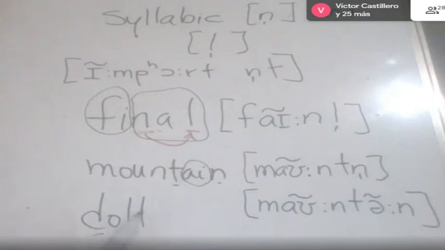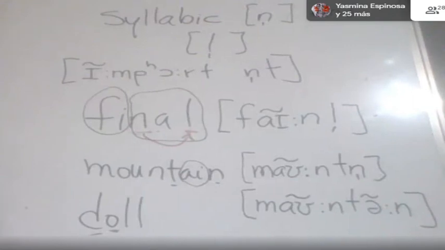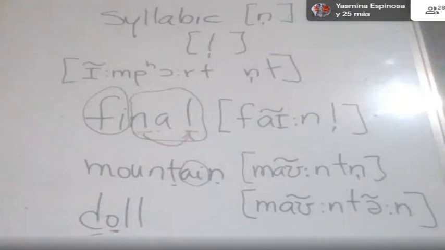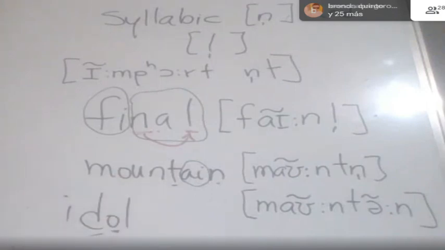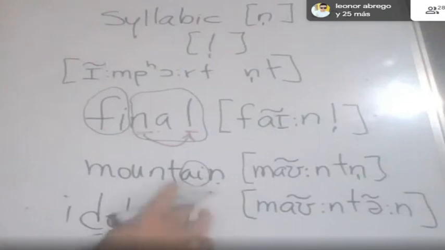So doll only has one syllable, which means this is stressed. So in this case, you don't get that affectation. However, you get it if you say idle. Okay? Idle. Yeah, now you have it.